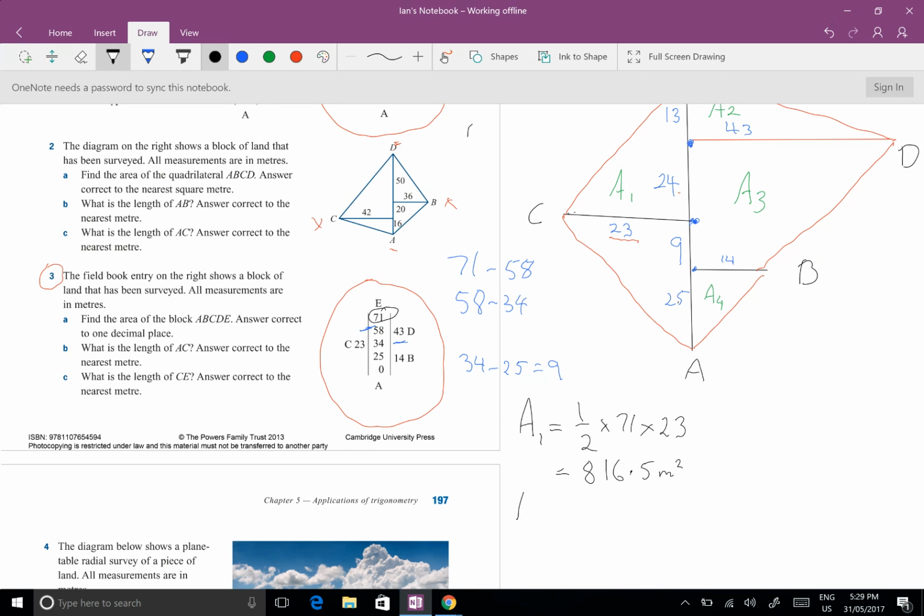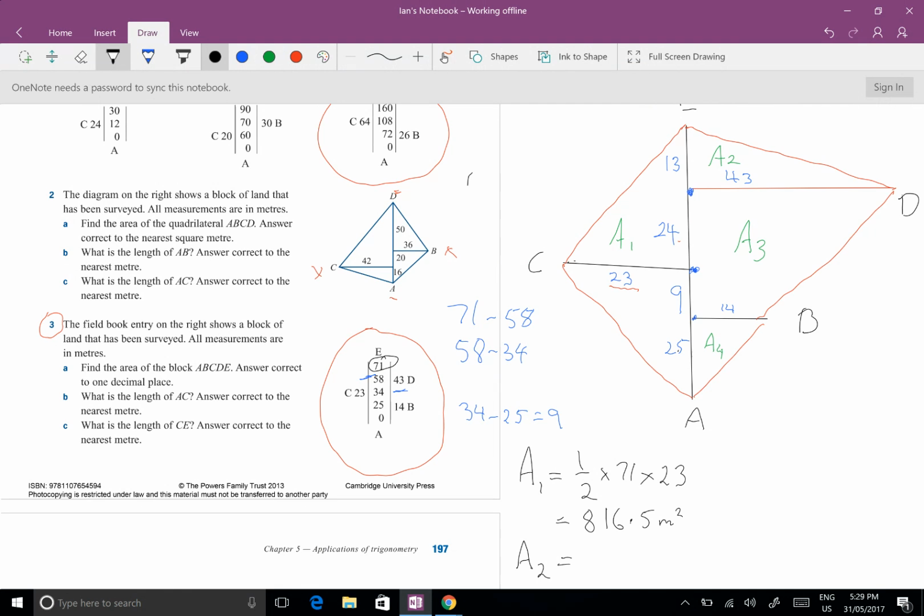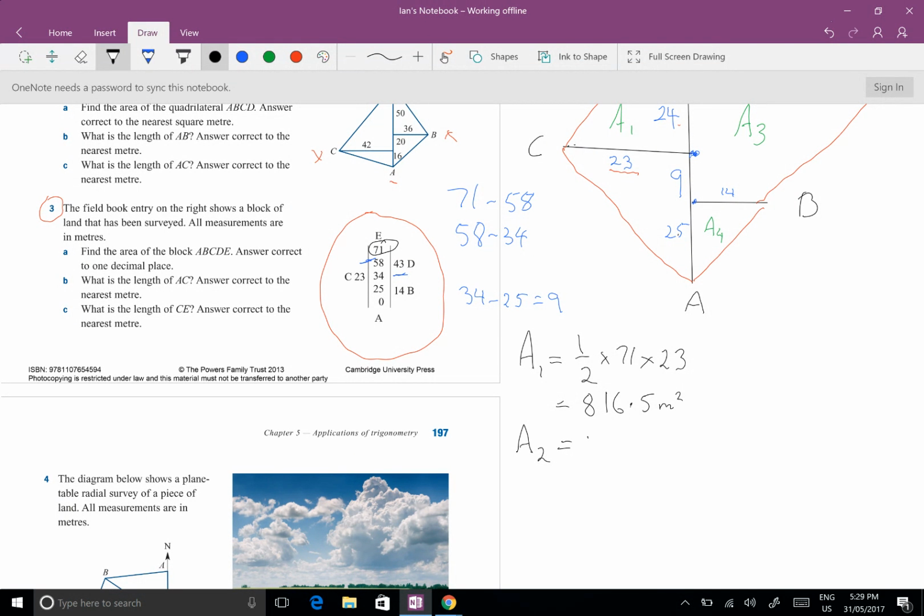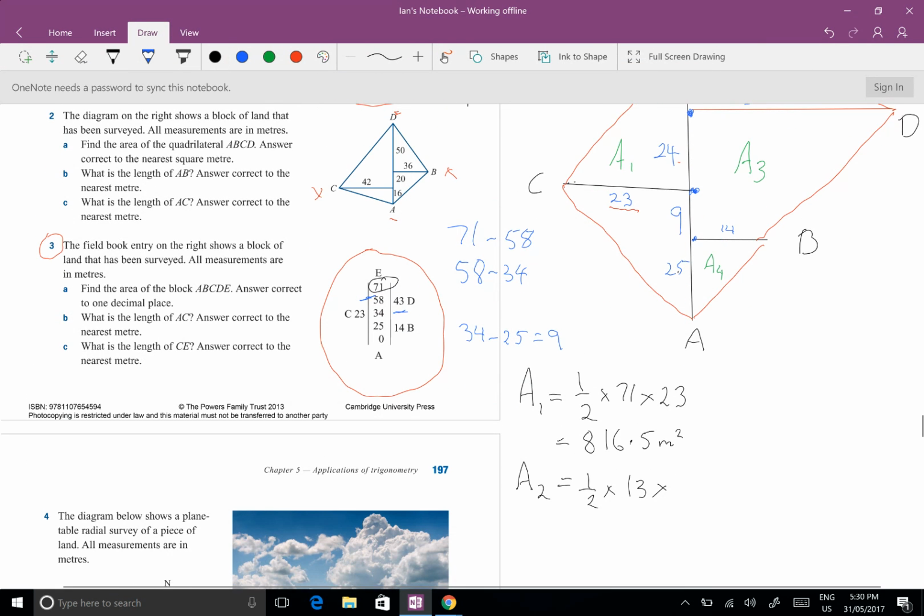Area 2. Well, again, that's a triangle, and I've got the dimensions on it already, so it's just a half times 13 times, let's have another look back, 43. So 0.5 times 13 times 43, 279.5.